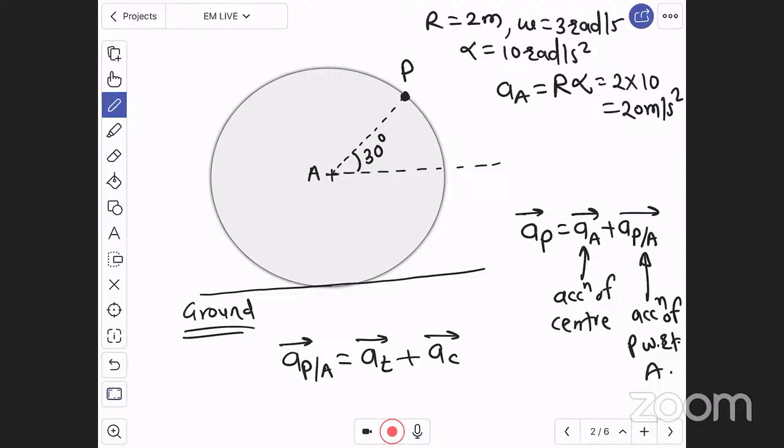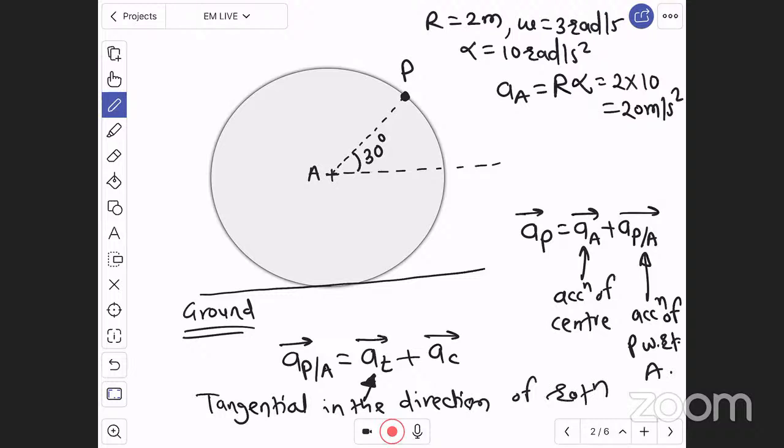My dear students, this tangential acceleration is tangent. Tangent is nothing but perpendicular to the radius in the direction of rotation. This is the tangential acceleration.